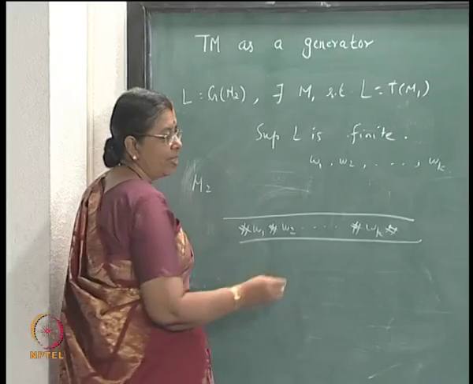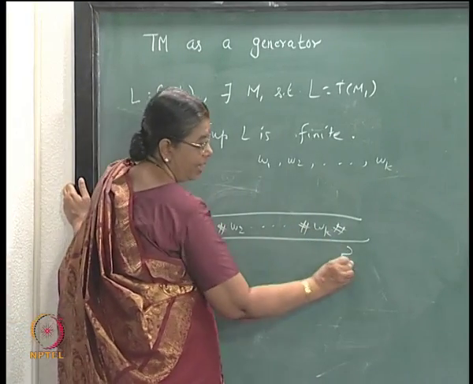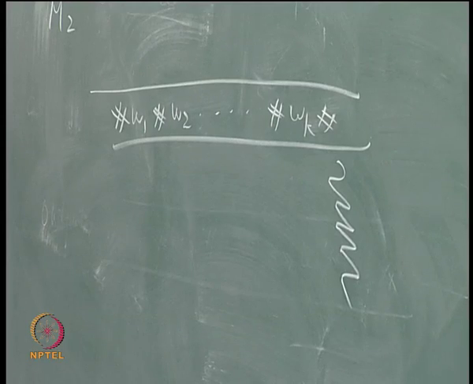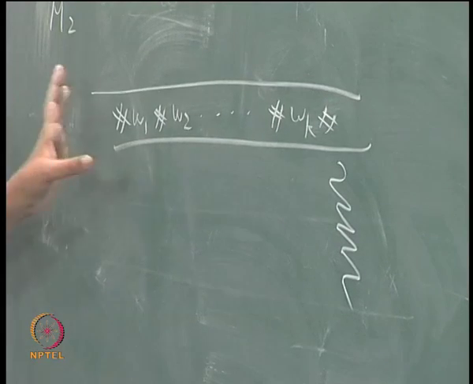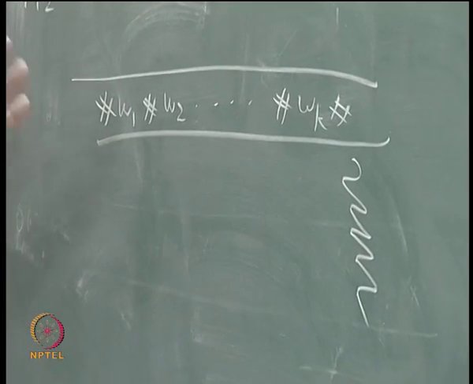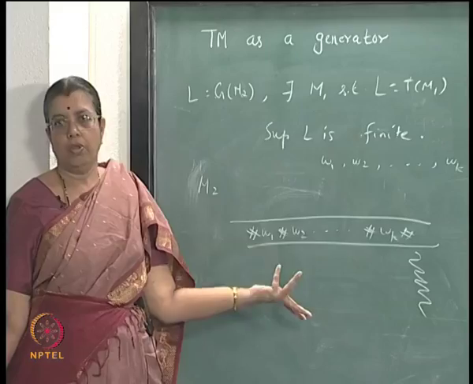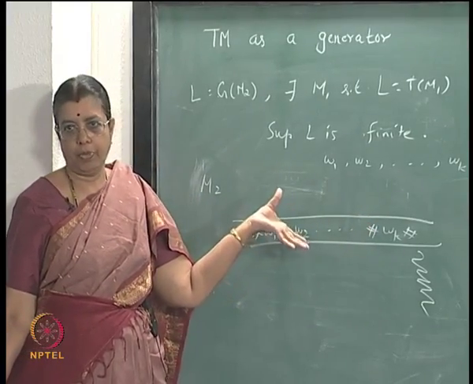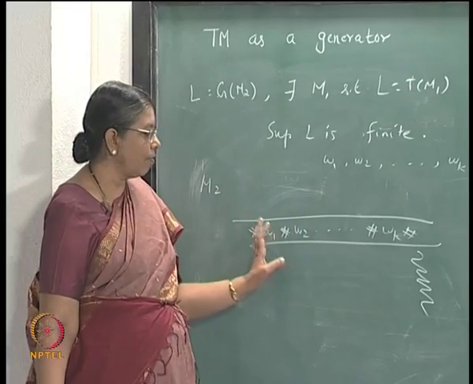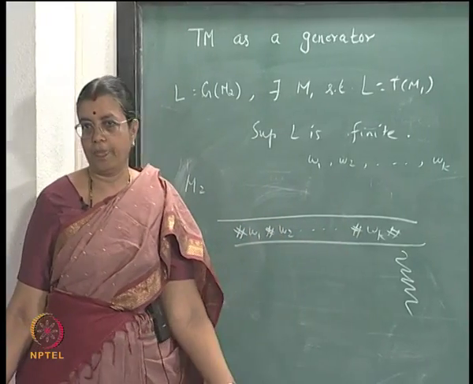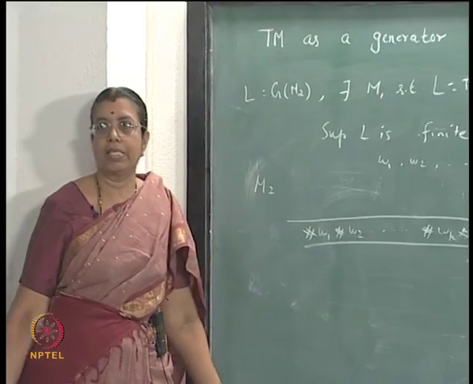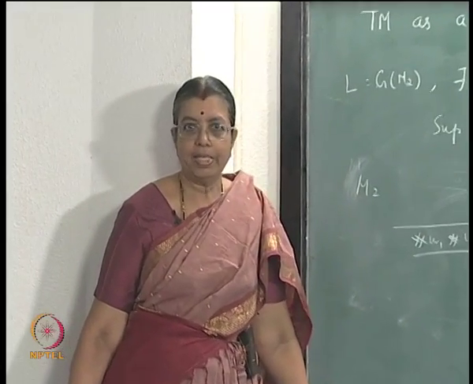What it may do is, after printing all these strings, it may get into a loop. It does not do anything else, it has just printed the k strings, afterwards it just gets into a loop. So, whatever is printed on the tape between two hash symbols is G of M2, which consists of k strings W1, W2, Wk. In this case, that construction which you have just discussed will not work, is it not?